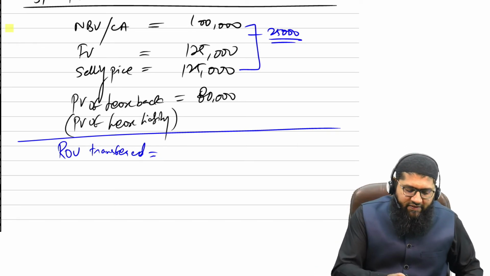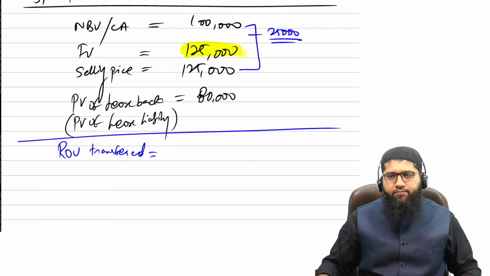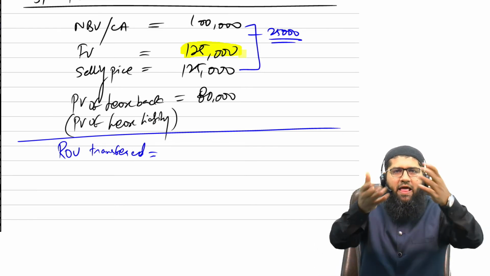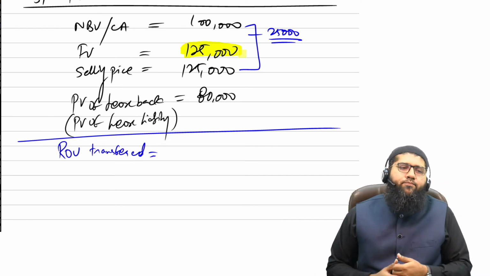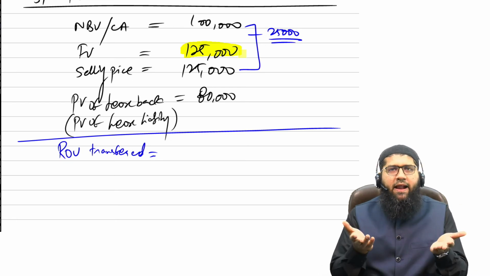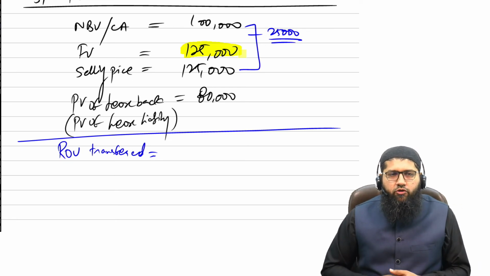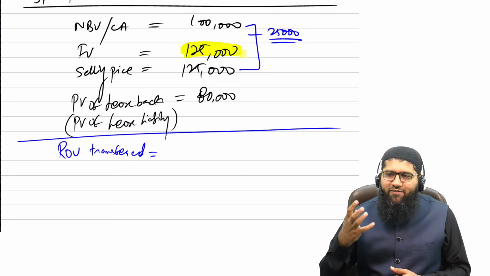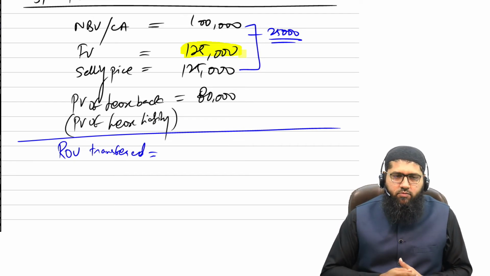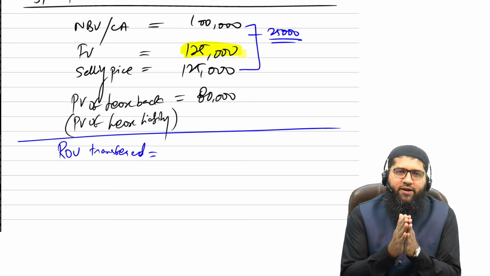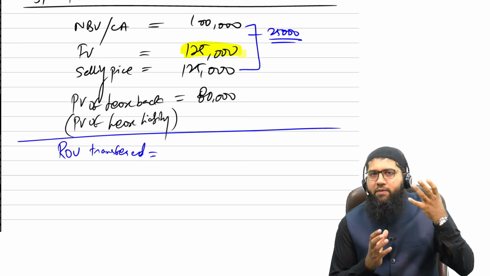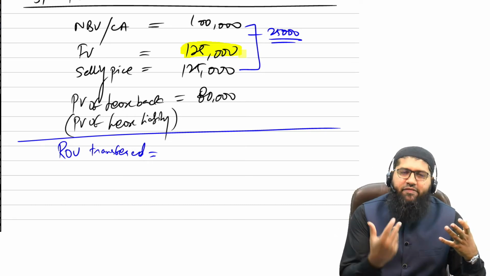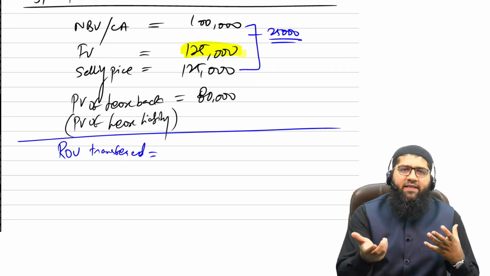This asset has a market value of 125,000. You sold the asset and you leased it back, so you have retained some portion of this asset. What is the portion that you have retained? That could be measured using the consideration that you are paying, which is 80,000.